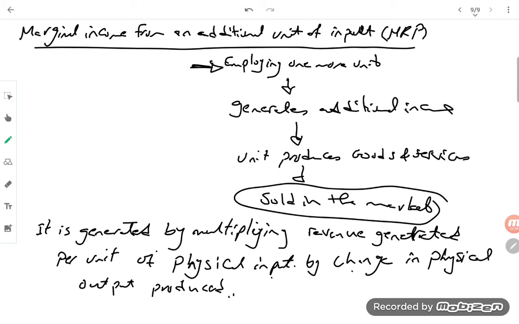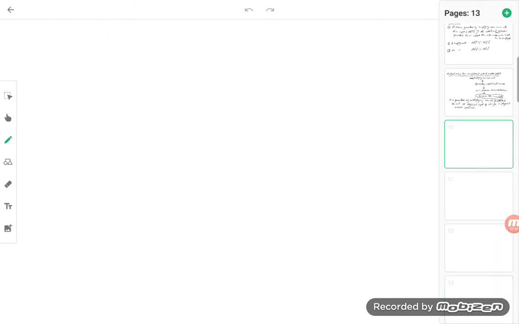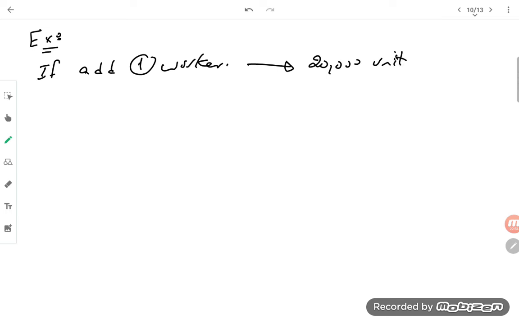Example. If you are going to hire an additional worker, this worker helps to produce 20,000 units of output of any product. A unit of output will be sold for $25.